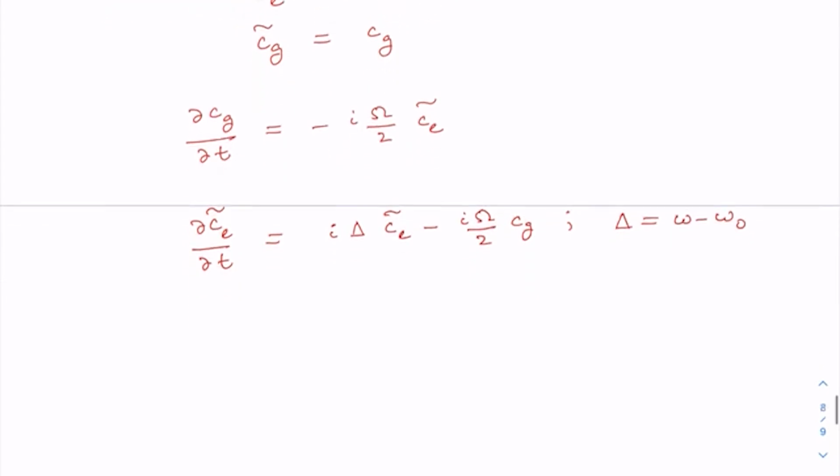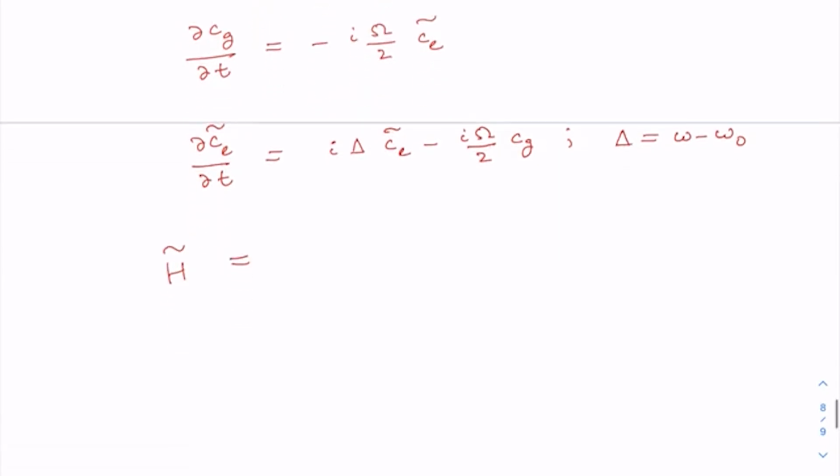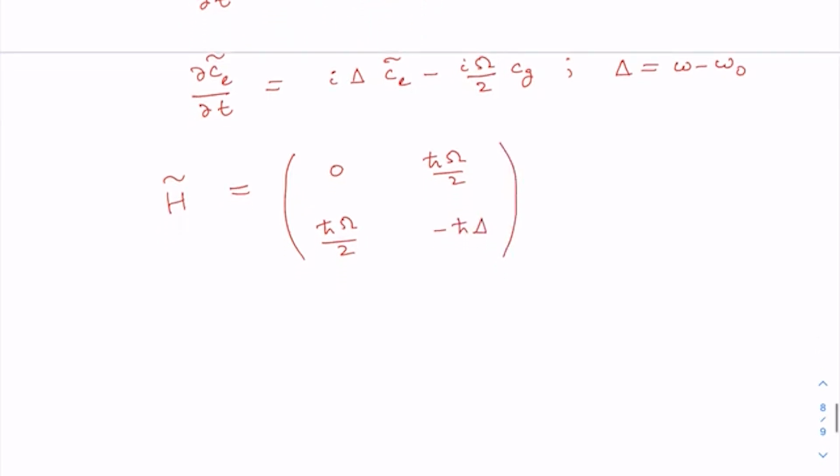Now in the transformed frame, the Hamiltonian in matrix form takes this form: 0, ħΩ/2, ħΩ/2, minus ħΔ. As you can see, the time dependency is no longer there.